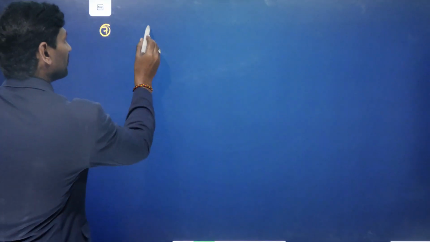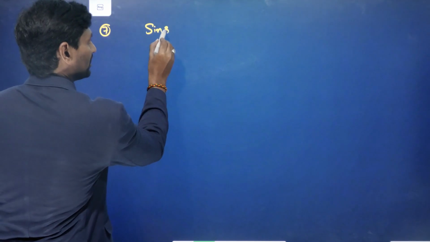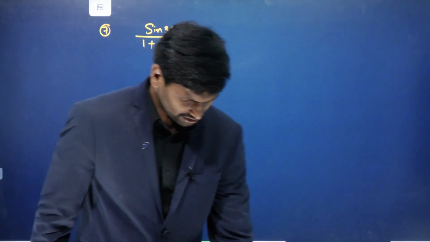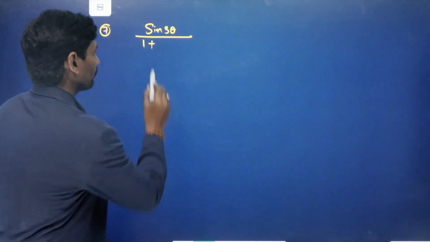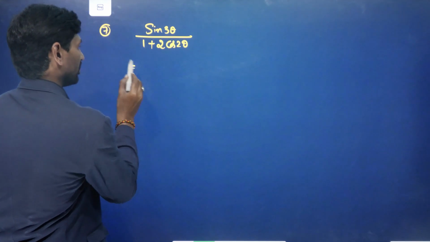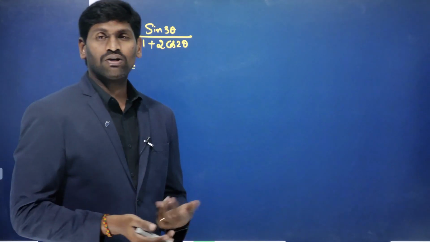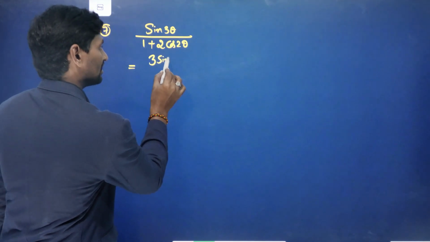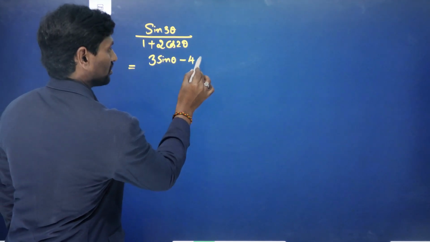Okay, so let us see the problem: sin 3 theta by 1 plus 2 cos 2 theta. We need to find the value of sin 3 theta by 1 plus 2 cos 2 theta. We know the well-known formula: sin 3 theta is nothing but 3 sin theta minus 4 sin cube theta.